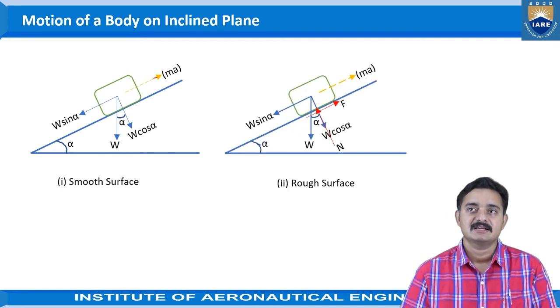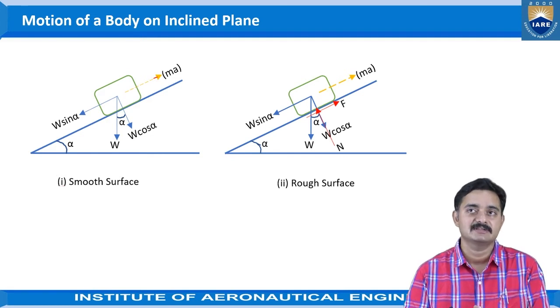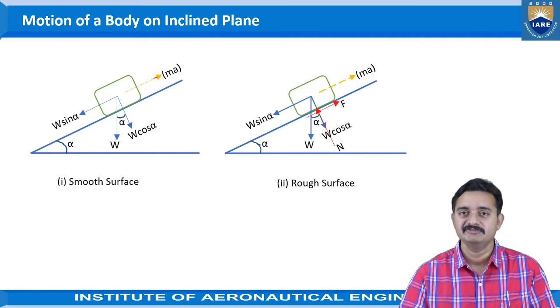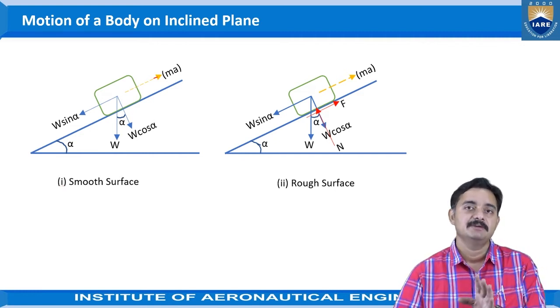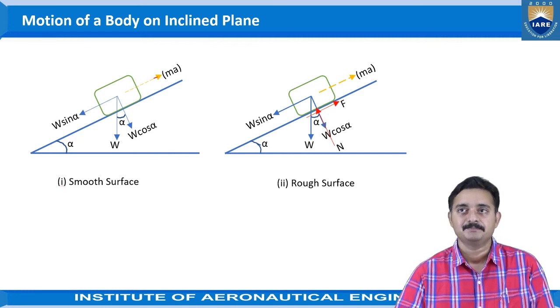Now let us see the rough surface. There is only one difference between smooth surface and rough surface. The involvement of inertia force is the same. We need to consider the acceleration direction, and we will implement the inertia force opposite to the direction of the acceleration.